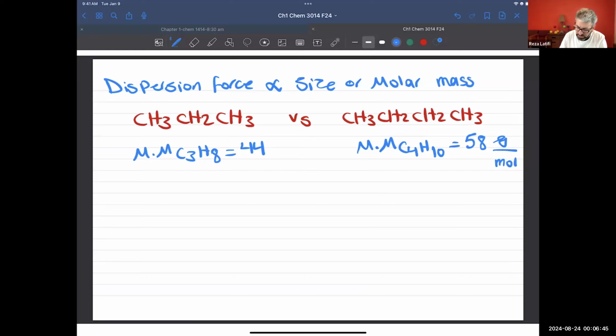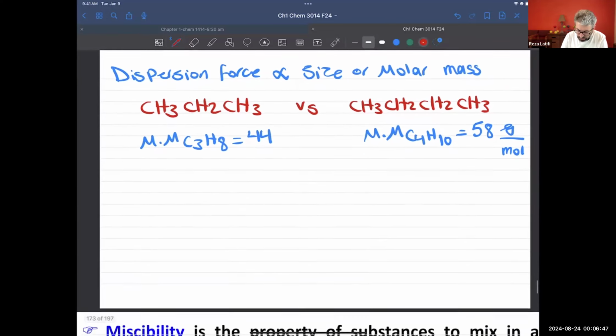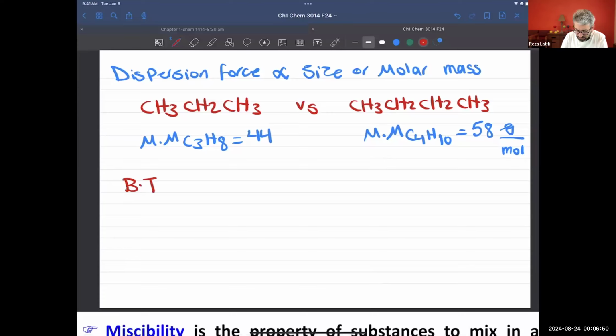So I'm going to say the boiling temperature for C4H10 will be higher than the boiling temperature of C3H8.